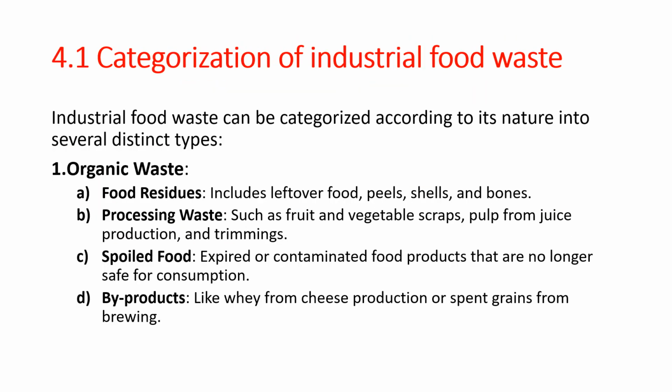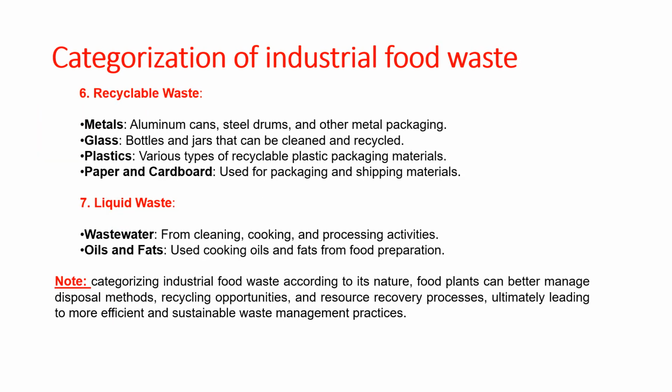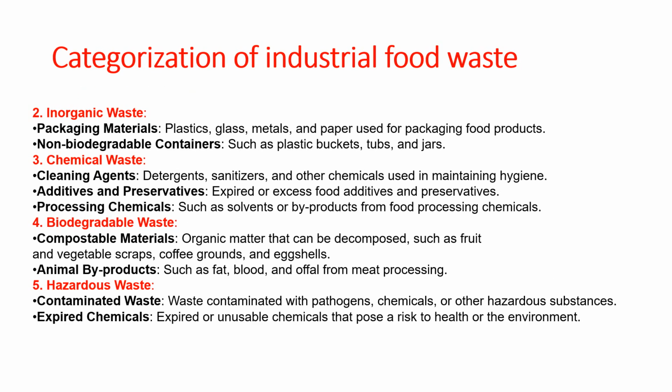Now, what about the categorization of industrial food waste? Industrial food waste is basically divided into three or four types, or classes. It can be categorized according to its nature into several distinct types, such as organic waste, inorganic waste, chemical waste, biodegradable waste, and hazardous waste.